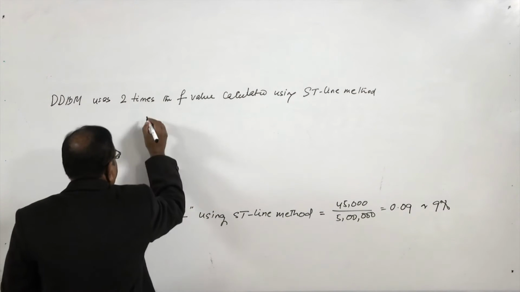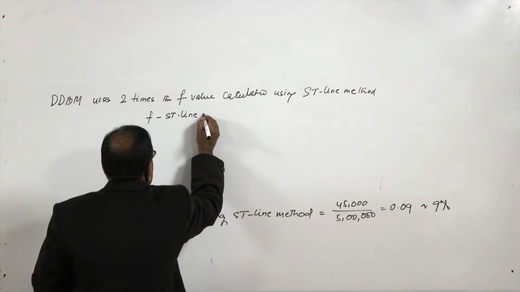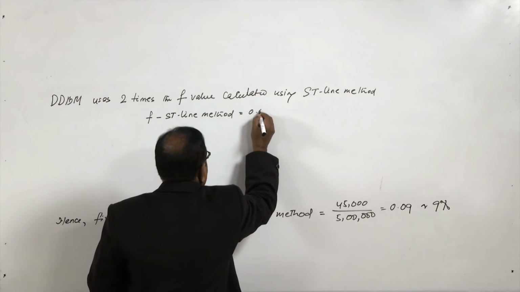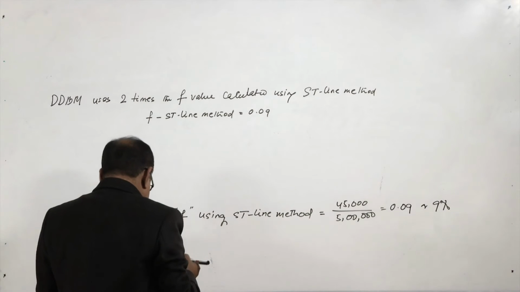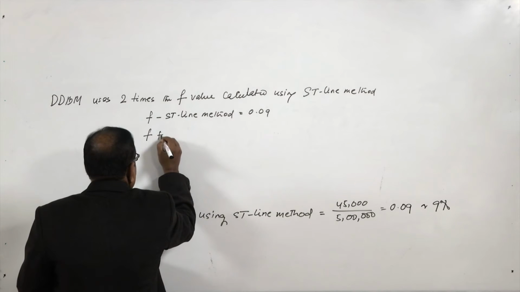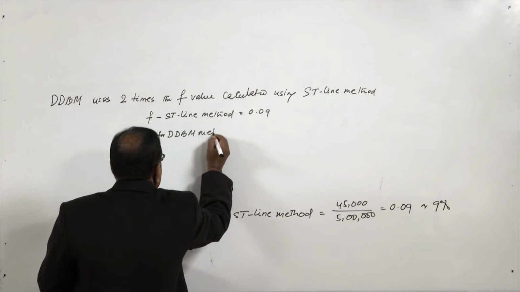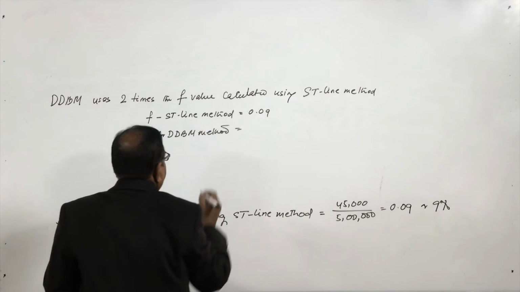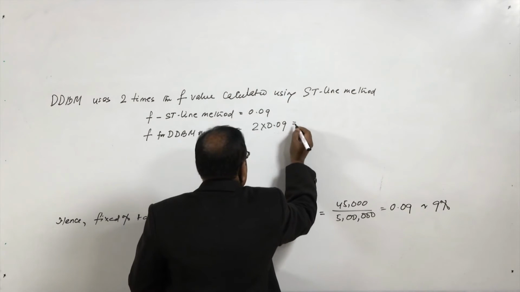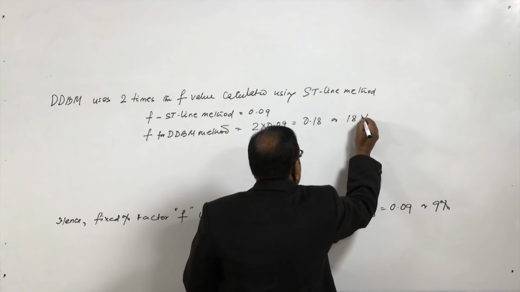So, F for the straight line method is equal to 0.09 and hence F for the DDBM method will be 2 into 0.09, that is 0.18 or 18%.